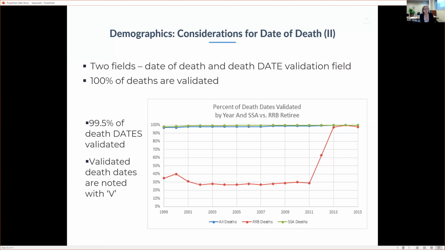They were sent to the end of the month. Something happened, I don't quite know what, but by 2013, 99.5% of deaths submitted to the Railroad Retirement Board were validated, as were the same percentage of deaths with Social Security. So this was a case where government agencies weren't communicating well, and you can see it.